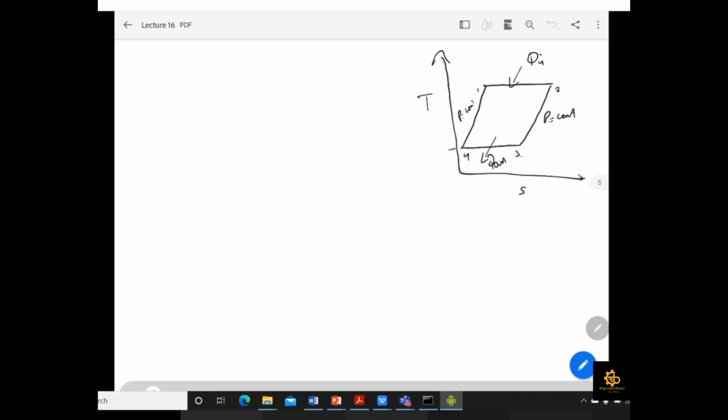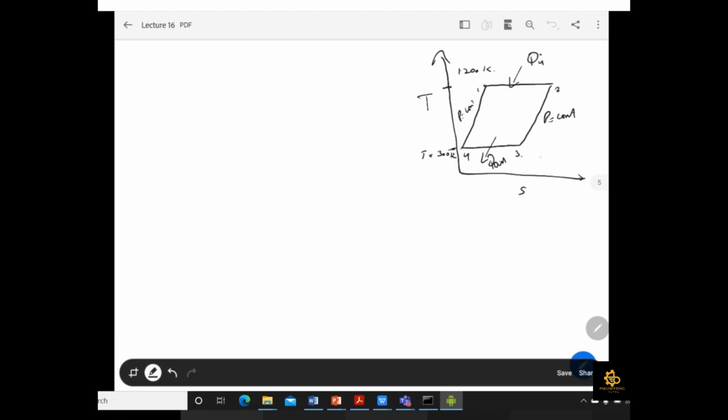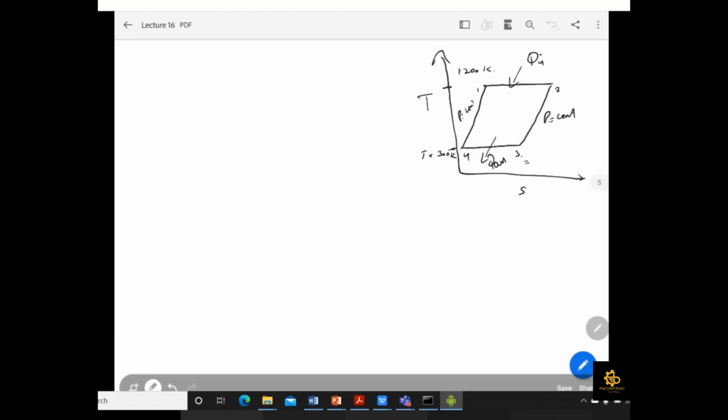In your question, T3 is given, so T4 is also known to us. The temperature at the maximum point, which is the highest point, is also given, 1200 Kelvin, and the Q out value is also given, which is 150 kilojoule per kg.